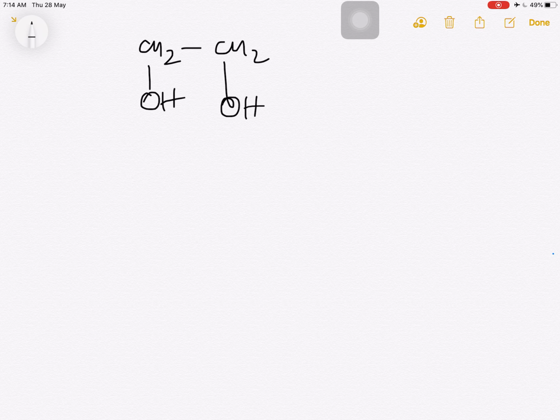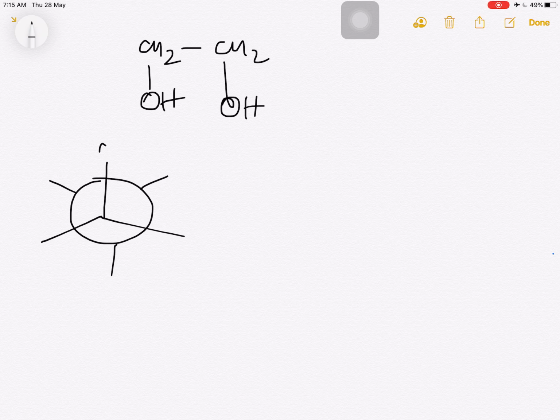For this one you will get the same forms, but in place of CH3 you will write OH. So one OH will be here and another OH will be here.